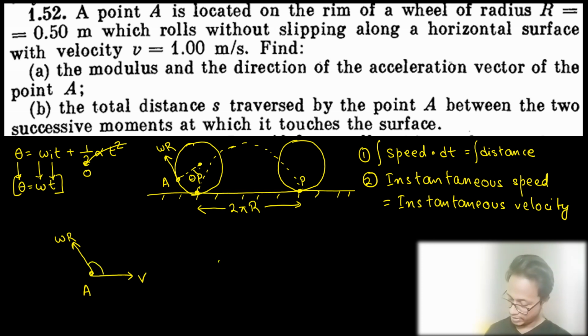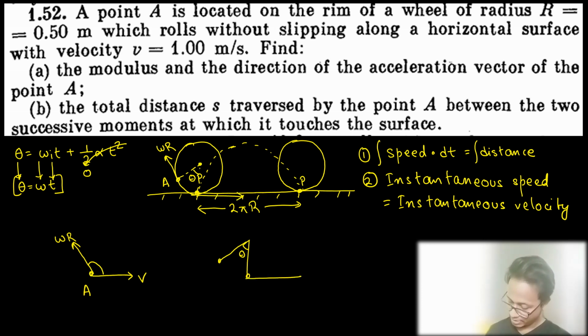Okay, now let's check this. This angle is theta. Now see what is the angle between this vector and this vector. Can I draw a straight line out here?